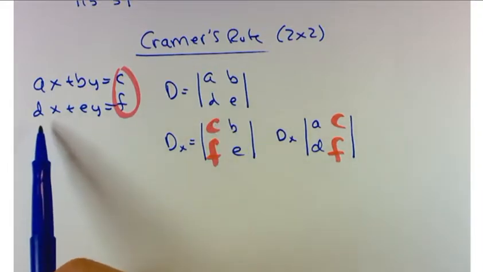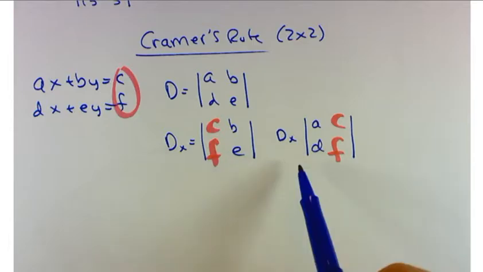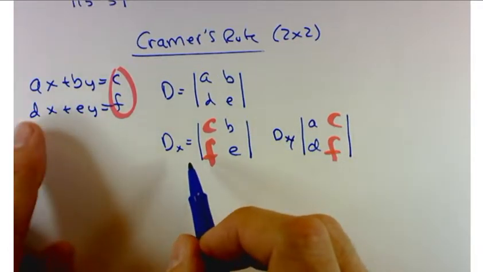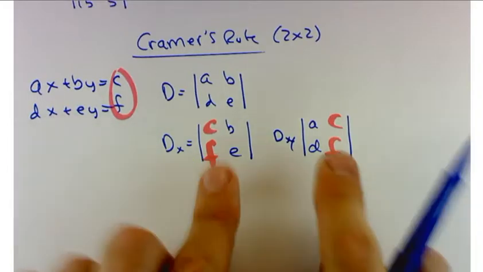First the coefficients of x, then the coefficients of y to get these two remaining determinants. I'll call them dx and dy. Dx you get by replacing the coefficients of x, dy you get by replacing the coefficients of y with the right-hand side.